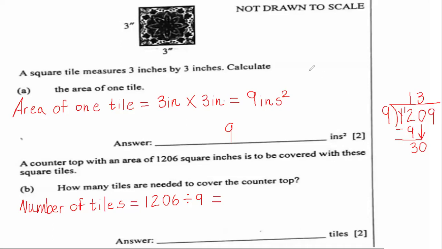The last number is a 6. You're right. Thank you. And 30 minus 27 is 3. And then we bring down the 6. How many times does 9 go into 36? 4 times. 9 times 4 is 36.